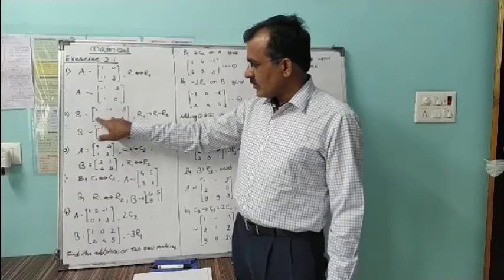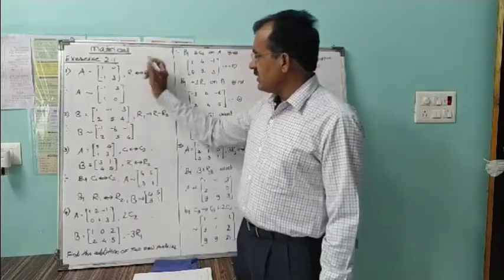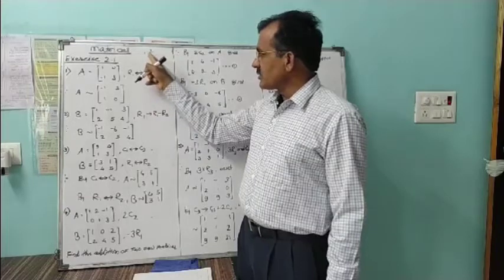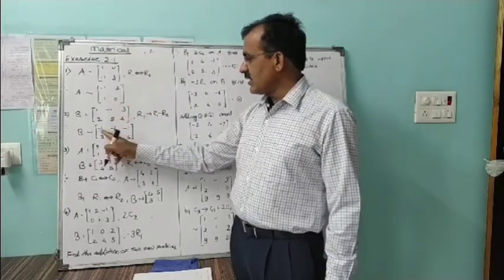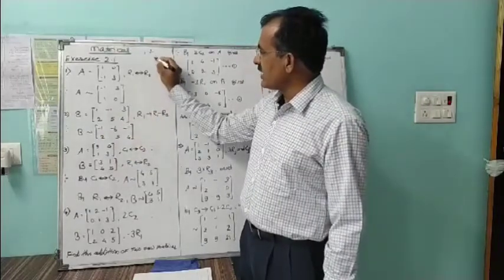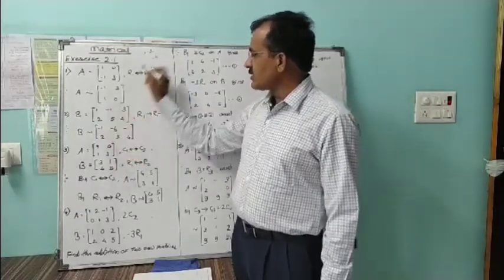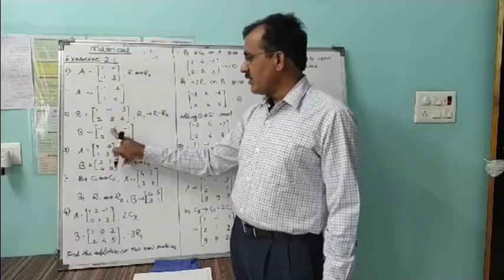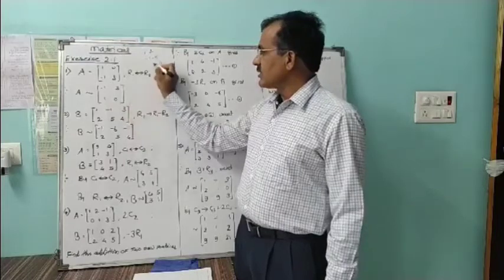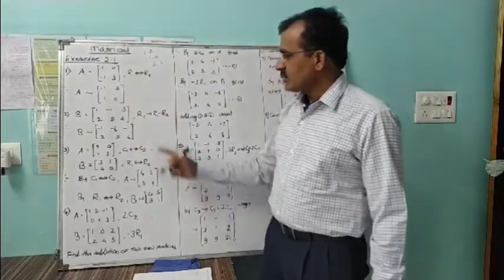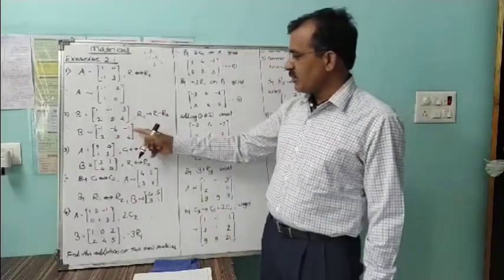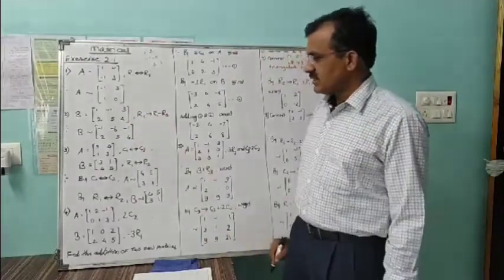So 2 is subtracted from 1, and the resultant answer will be -1. In the second pair, 5 is subtracted from -1, so the answer will be -6. 4 is subtracted from 3, so this will be -1. So the answer of this B when transformed by this operation will be like this.